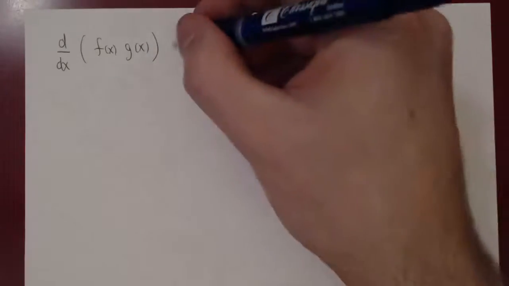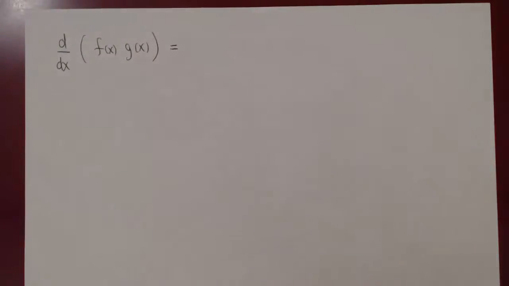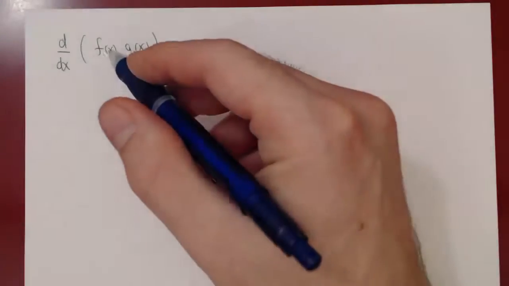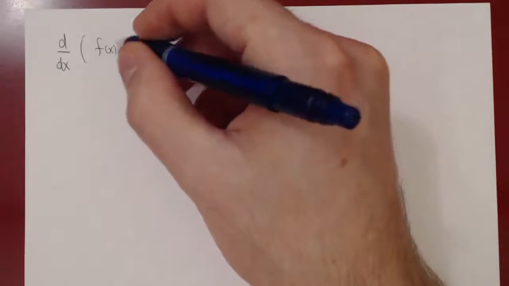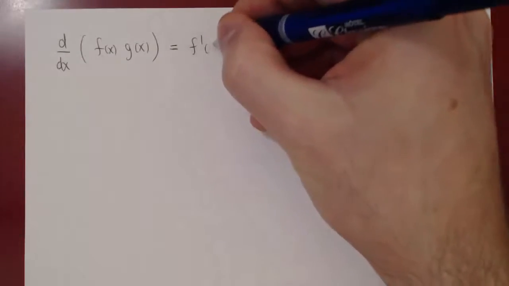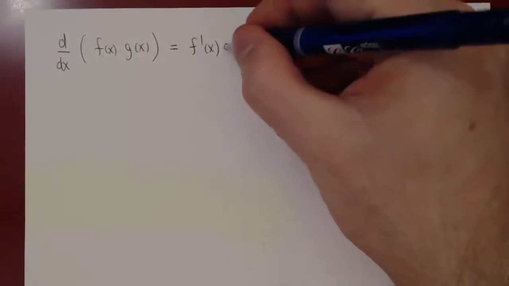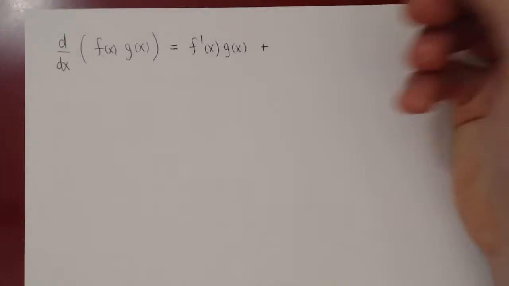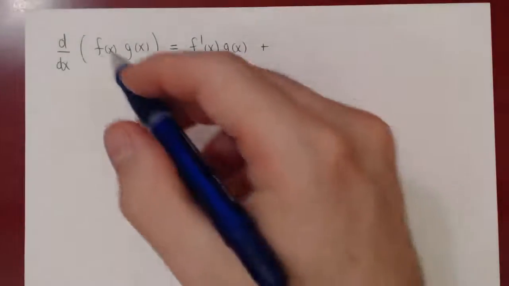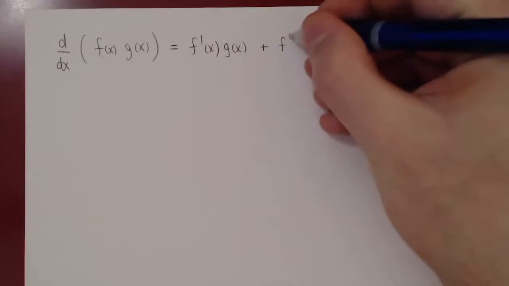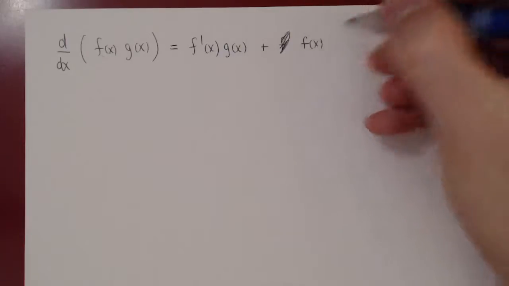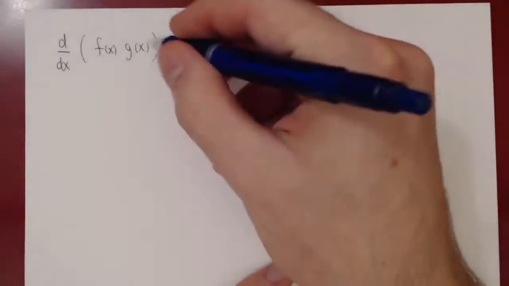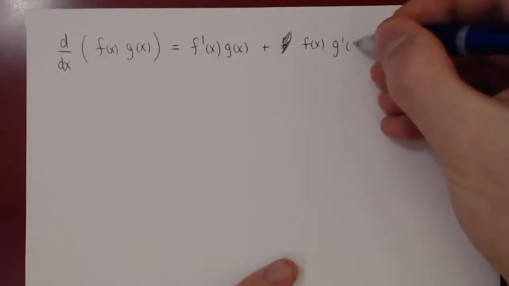And what the product rule says, and again the proof is in the notes that were distributed in class, the product rule says the derivative of f of x times g of x will be the derivative of the first function, so f prime of x, times the second function, g of x, plus, and now we flip the derivative, so plus the first function f, times the derivative of the second function, g prime of x.